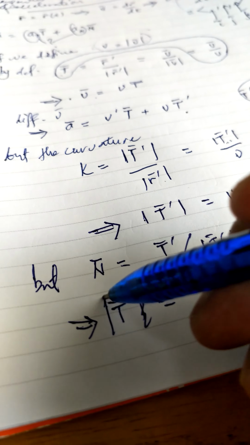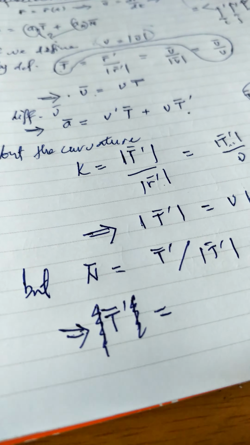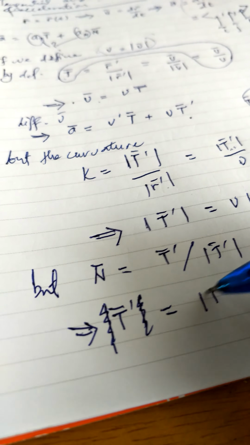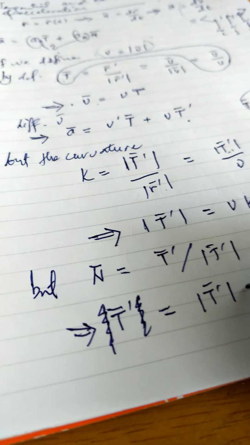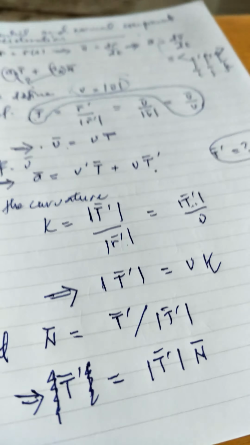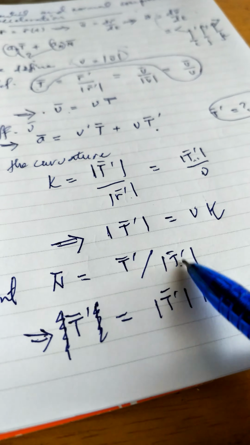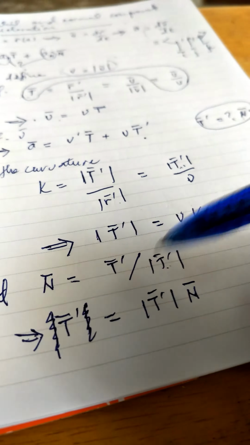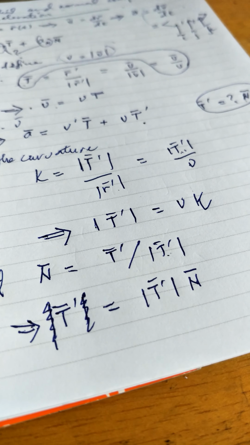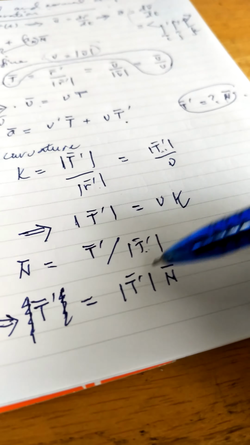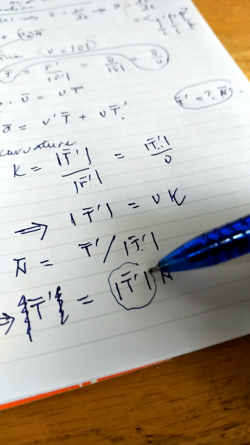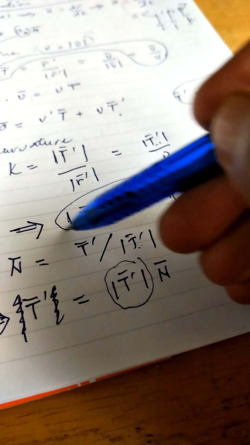As the vector T, we can write the vector T as T = N. From there we have this thing. But T prime here is given here.